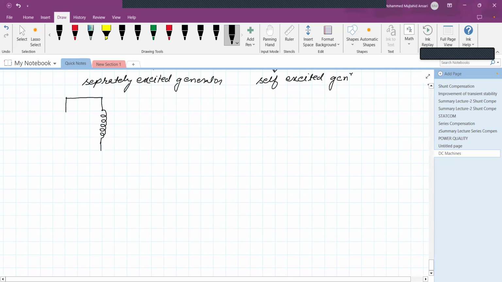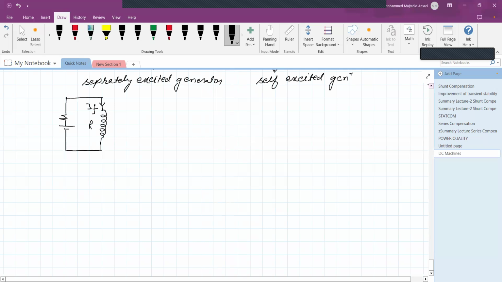It is connected with a variable resistance and a battery source, so that it is possible to control the current in the field winding. So this is the field current.